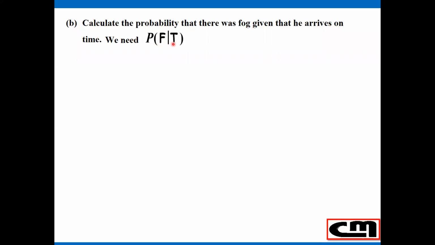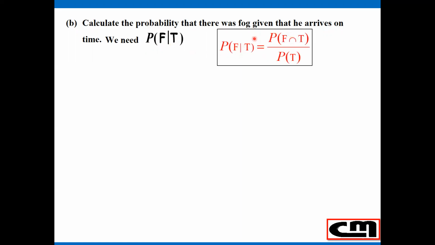This is how you write it in symbolic form. So this alone is telling us this is conditional probability. Then we come up with the formula that we need to find the probability of F intersection T over the probability of T. So the formula then is what I've written here, right?